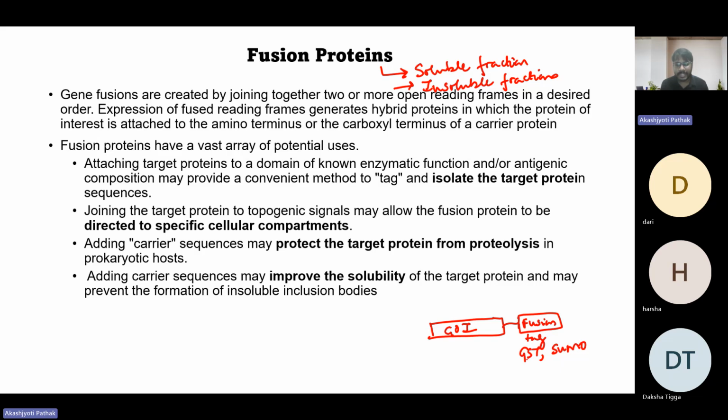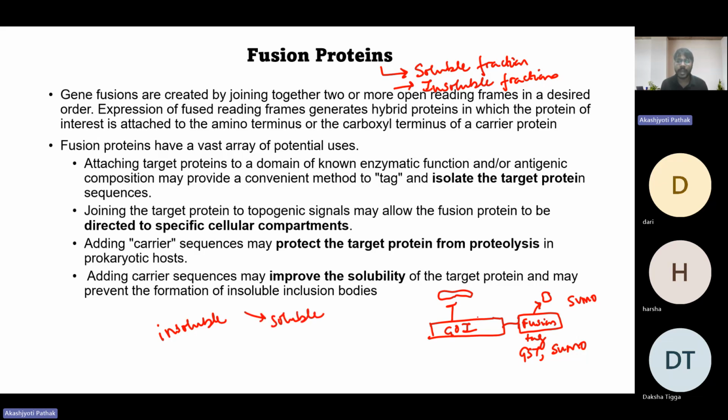What these GST tag and SUMO protein tag do is that they synthesize different types of protein, GST protein or SUMO protein. And because the SUMO protein and GST protein are soluble, the protein that is getting synthesized from your gene of interest also becomes soluble. So if you want to convert your insoluble protein to soluble protein, you can add a fusion tag.